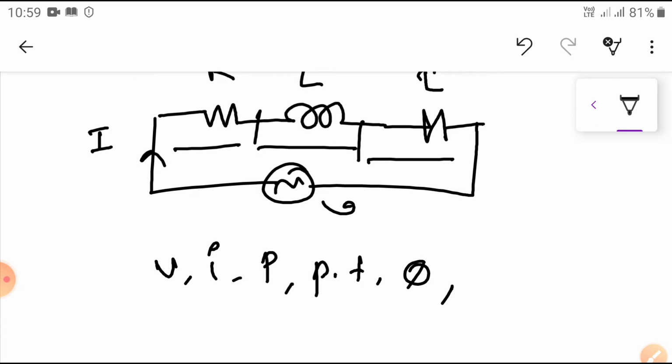So based on that we have done some problems. It is a very interesting and easy topic also. Step 1, step 2, step 3, step 4, last class we have seen.